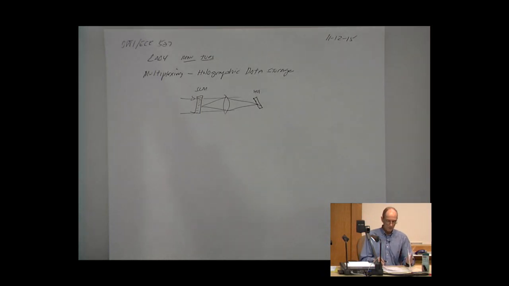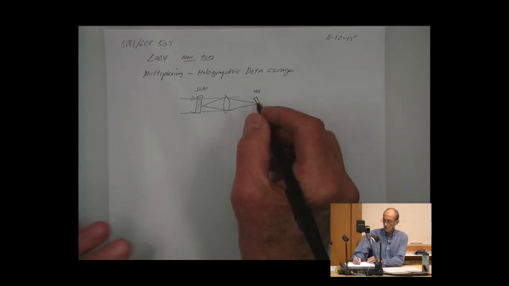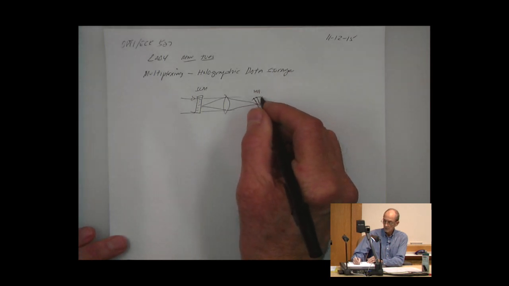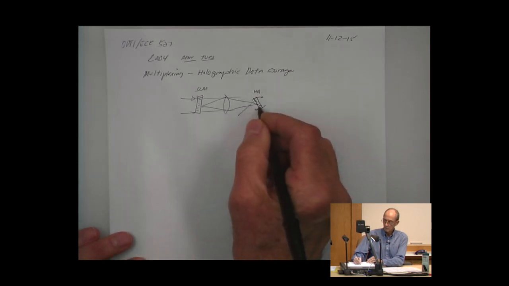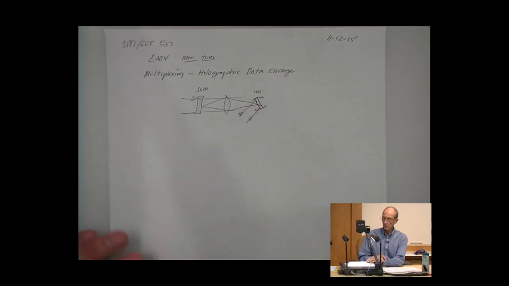We'll talk a little bit about those shortly, but in our case, what we're going to do is simply to rotate the hologram and record it with a reference beam.